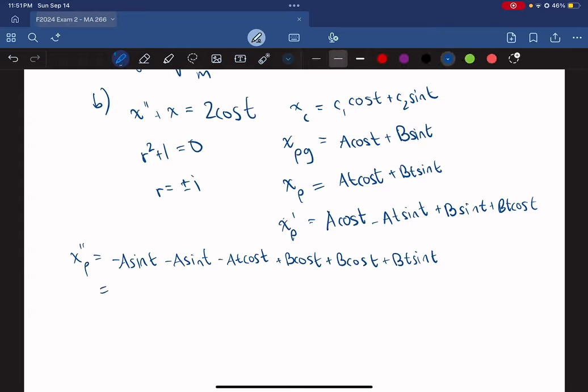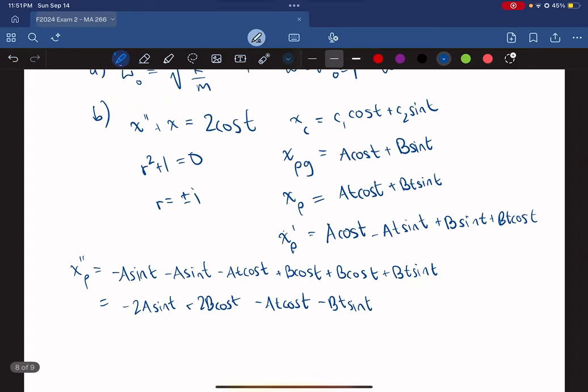And I guess we could simplify that all into combined like terms. We get minus 2a sine t plus 2b cosine t, minus at cosine t minus bt sine t, excuse me. And from there we can now do undetermined coefficients and compare with our f of t.